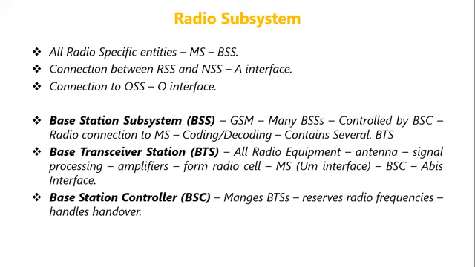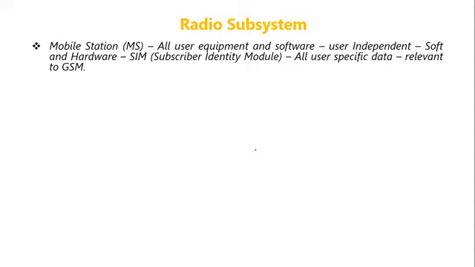So these are the various subsystems of the radio subsystem. Now let us try to understand what the mobile station contains. The MS, mobile station, includes all user equipment and software needed for communication with the GSM network.